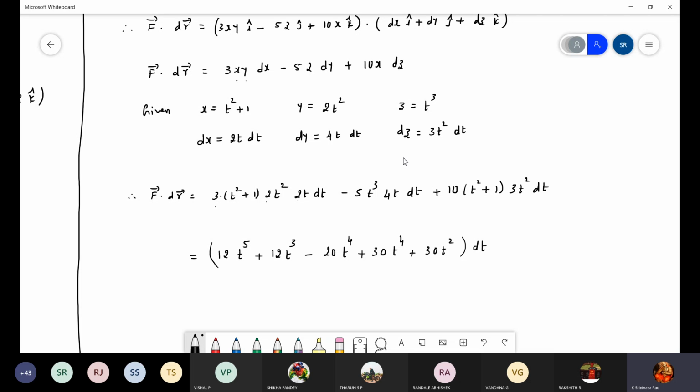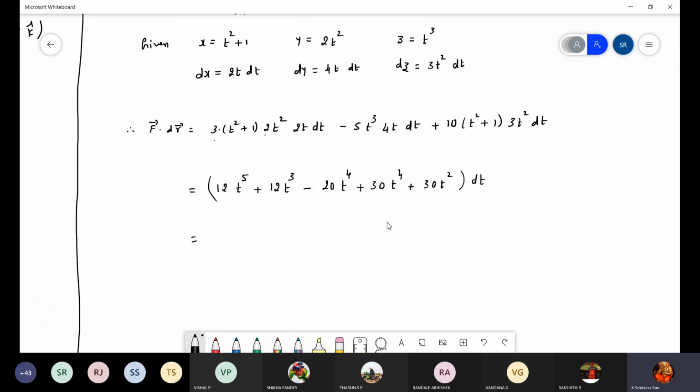Now write in order. I will write in ascending order, from lower to higher power. 30t squared first, then 12t cubed. Just one order I am following.